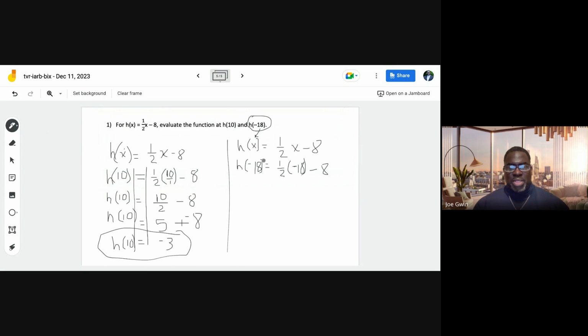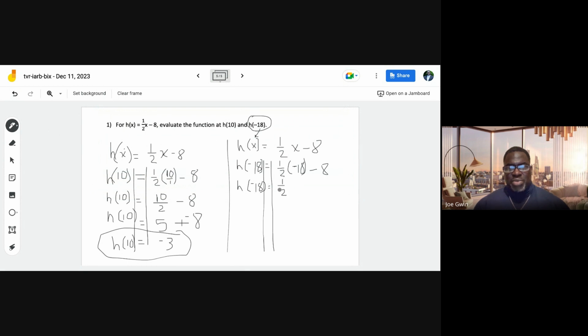Now I'm putting these lines here just to organize, so you'll see what's on this side and what's on this side. All right. We're almost there, y'all. Hanging there. So again, we're not trying to get rid of the negative 18, because we want h of negative 18, because that's what they asked us for. So h of negative 18 equals, and then we have 1/2.